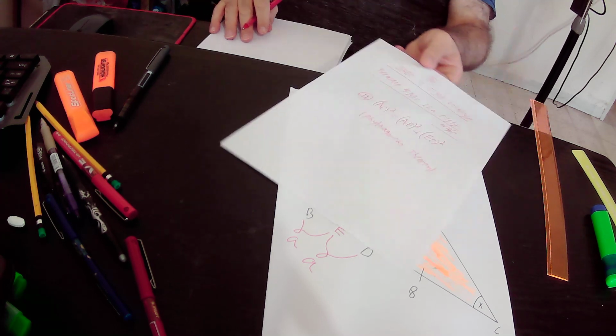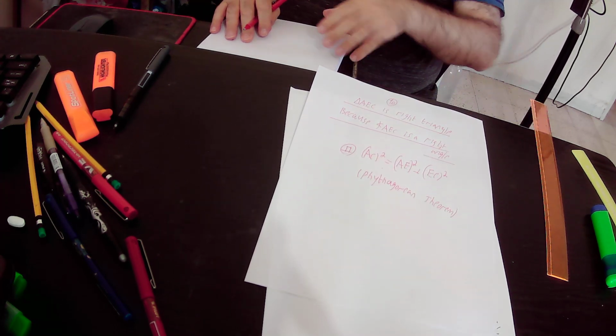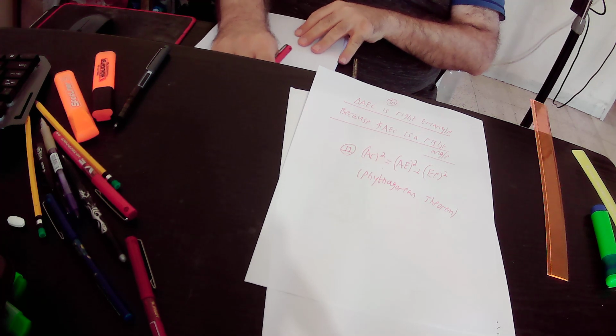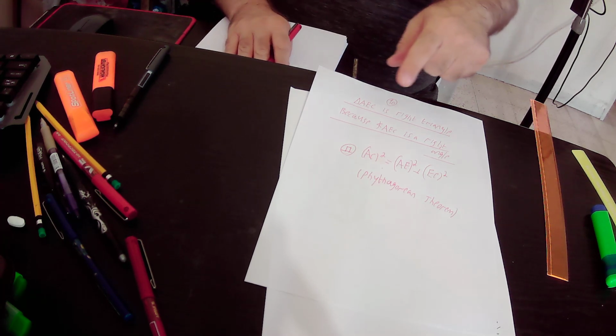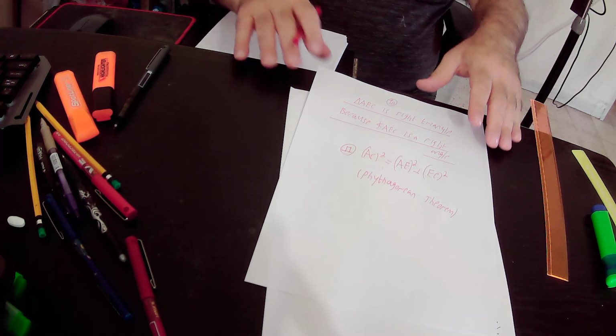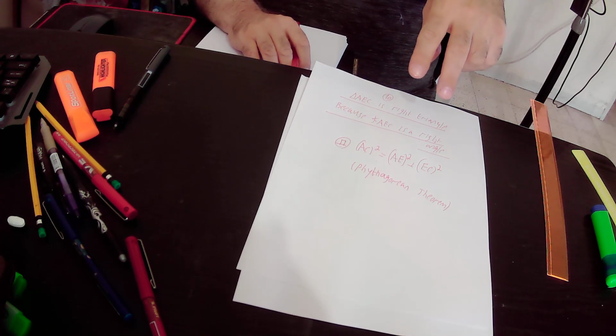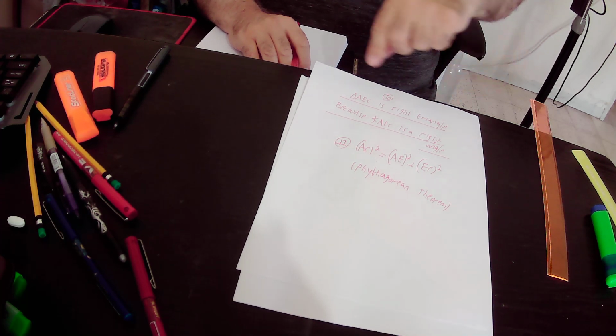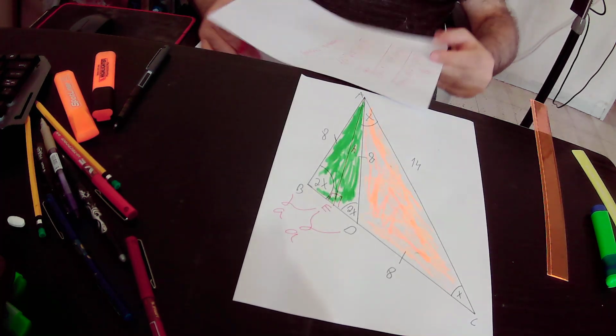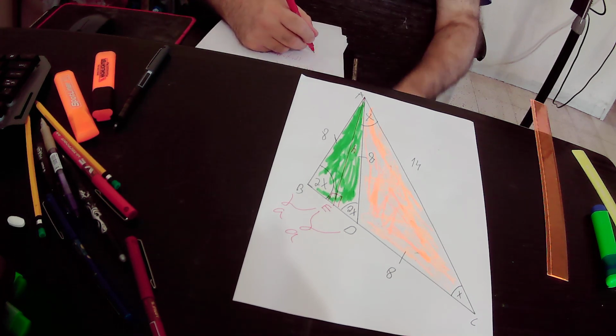Again, according to the Pythagorean theorem, in the right triangle AEC, AC square equals AE square plus EC square. But what is the value of AC?